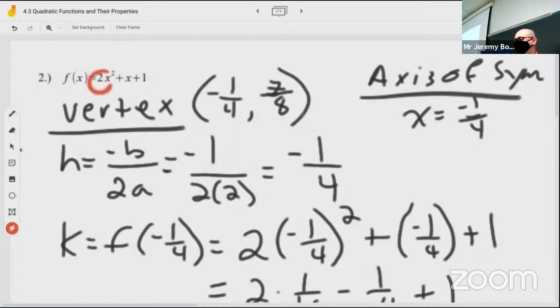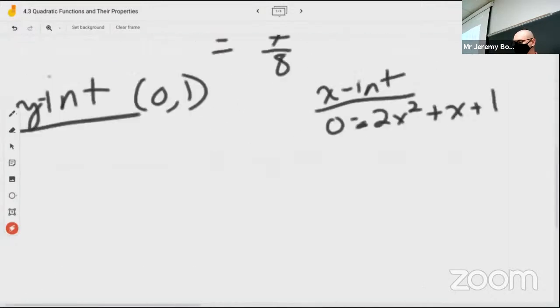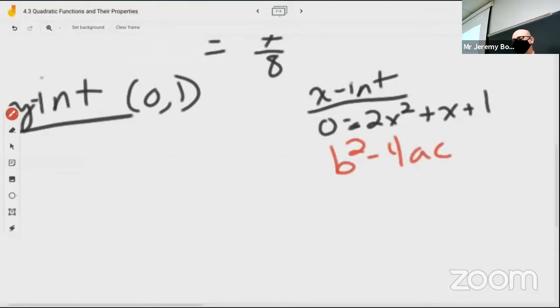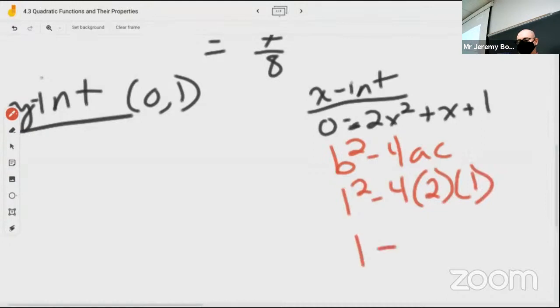Which way does this open? Up. So we probably shouldn't have one. Now we can test it here. Let's do our discriminant, b squared minus 4ac. So that's going to be 1 squared minus 4 times 2 times 1. It would be 1 minus 8, which is negative 7. So yeah, there's none. We have no x-intercept.